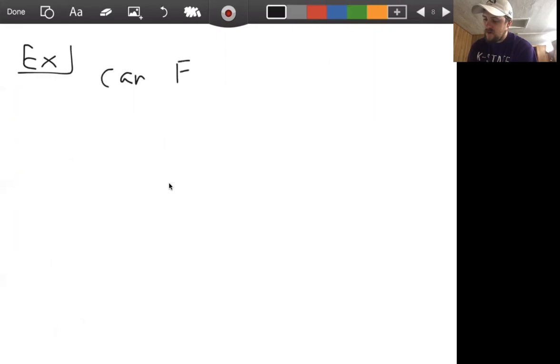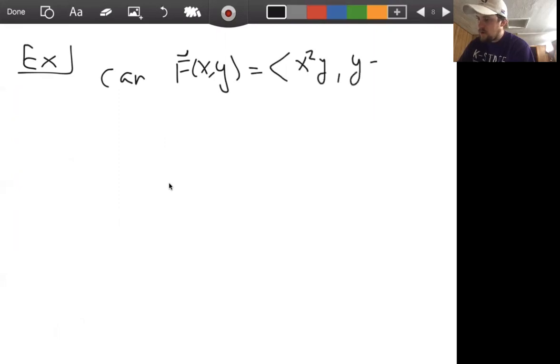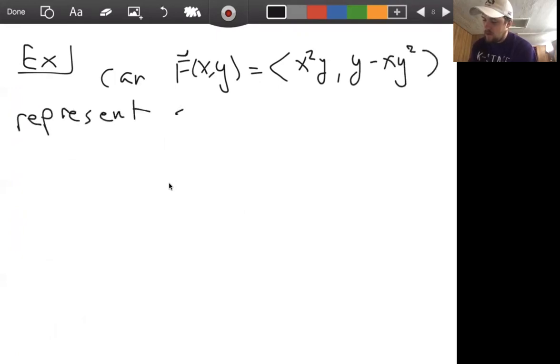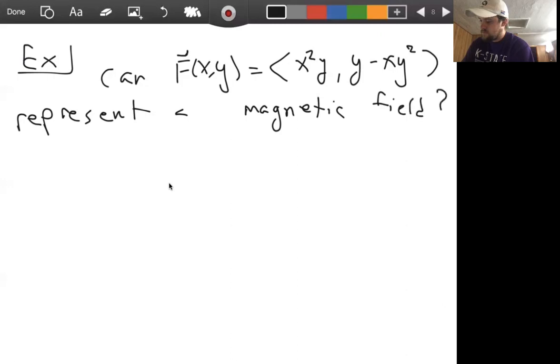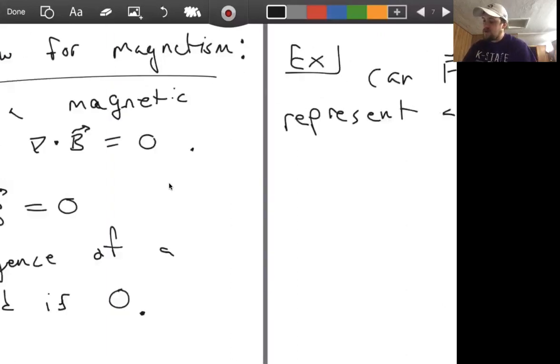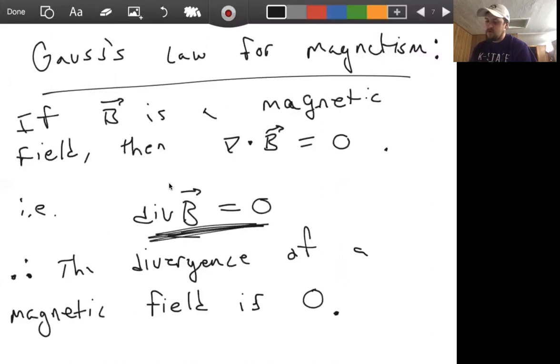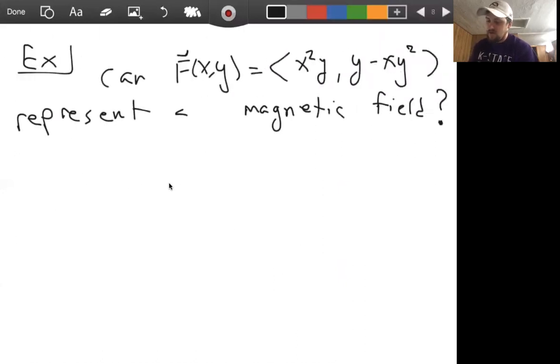Can f of x, y equals x squared y, comma y minus x y squared represent a magnetic field? The question is very easy to answer once we know that the divergence of a magnetic field must be 0. And so let's calculate the divergence of f.